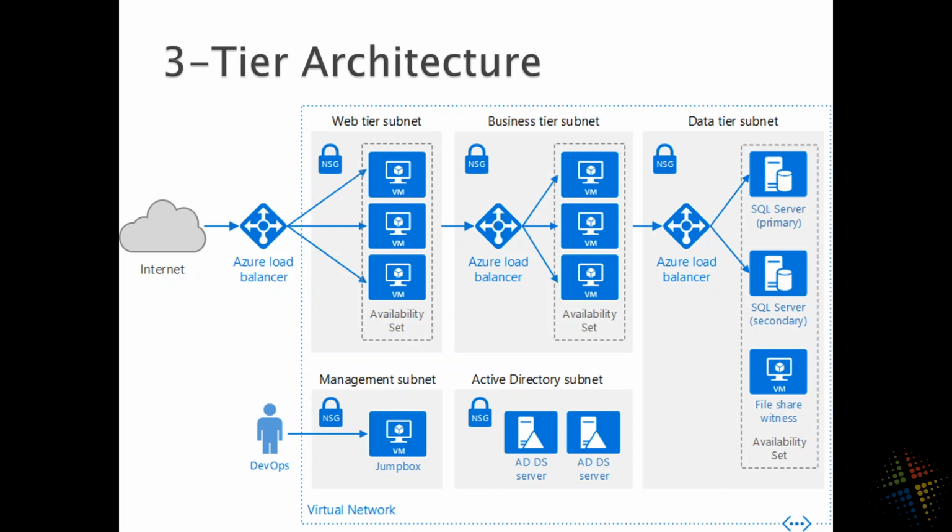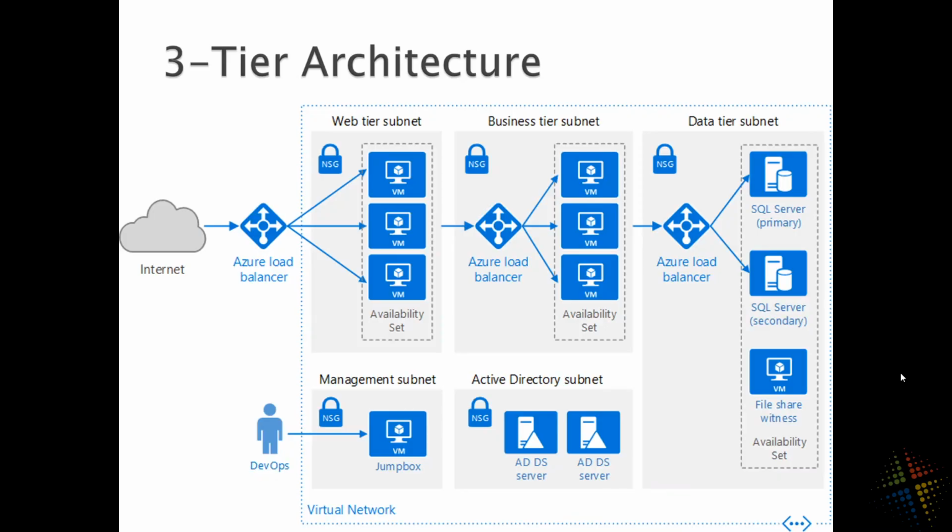Okay, and then the last thing to talk about when we're talking about networking is load balancing. I don't believe I have a slide for it, so let's see if I can find a picture.